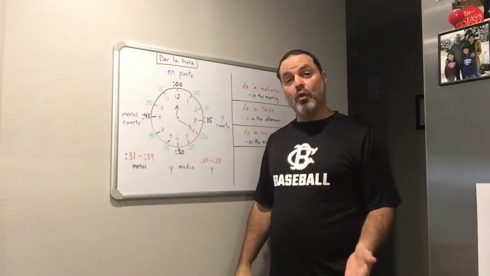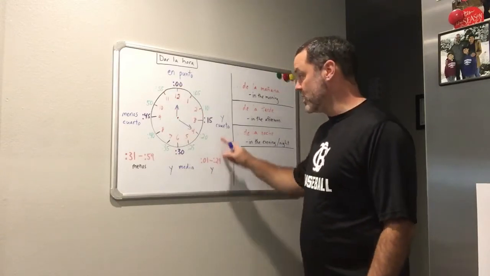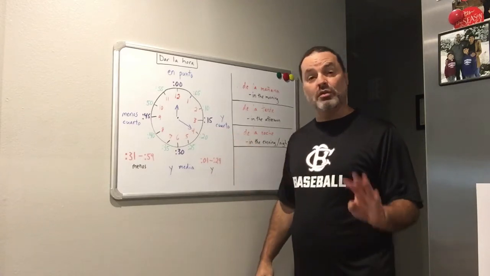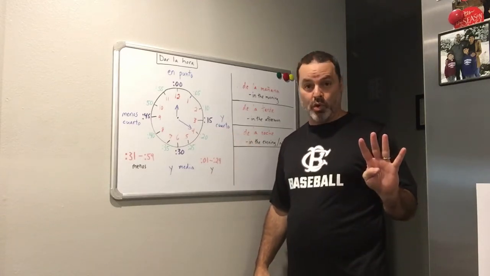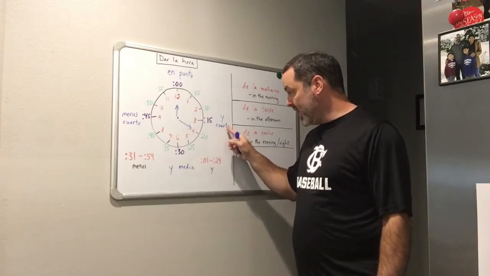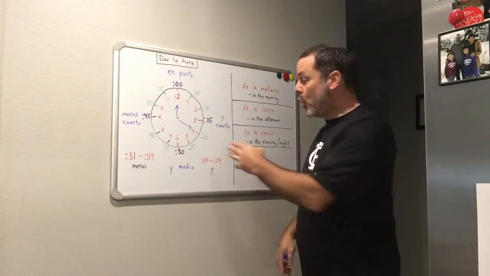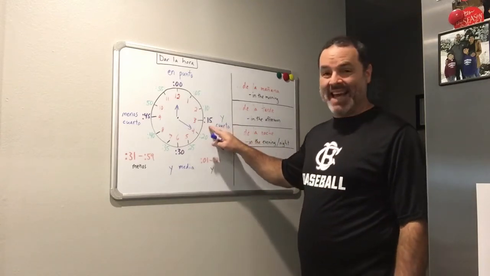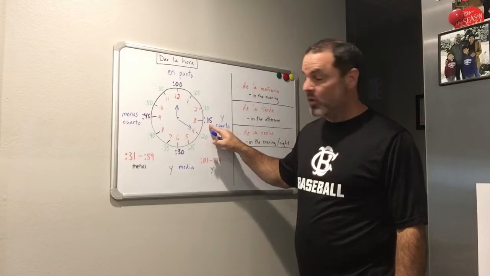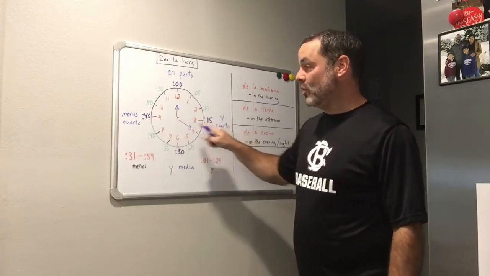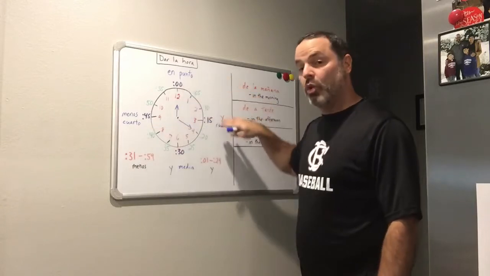The word for quarter in Spanish is cuarto. It's very similar to 4, which is cuatro. Cuarto, cuatro. We're changing the R and the T. Cuarto means a quarter. So whenever the minute is exactly at 15 or 45, it's going to be cuarto, which means it's a quarter of the clock.